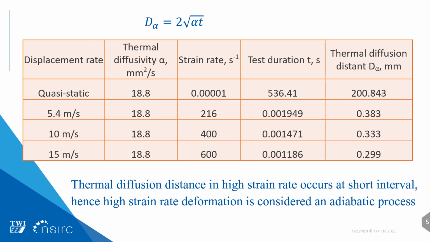The thermal diffusivity value is assumed to be 18.8, and then we have the test duration for the whole test. For the quasi-static ones, we have a higher test time, and then the highest displacement rates like 5.4 up to 15 meters per second. The higher the strain rate, the lower the thermal diffusion distance.